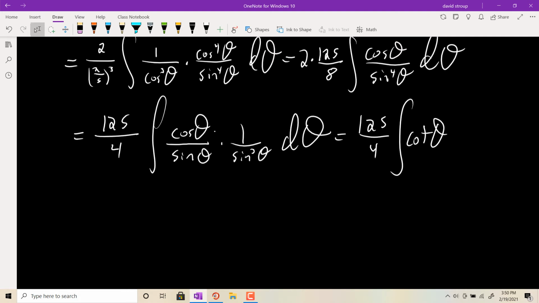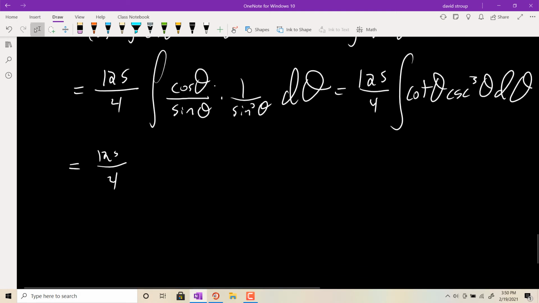So it's going to work like a secant tan, right? So I have cotan times cosecant cubed theta d theta, and that will equal 125 over 4.